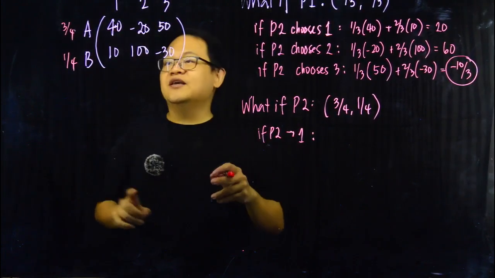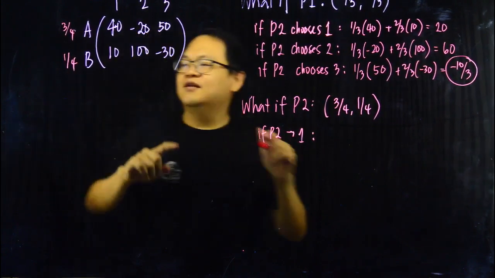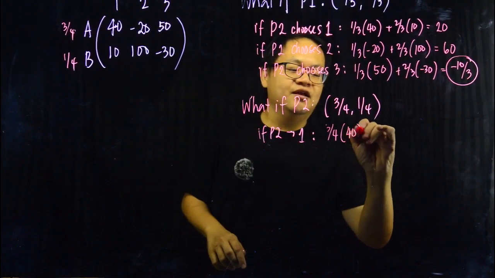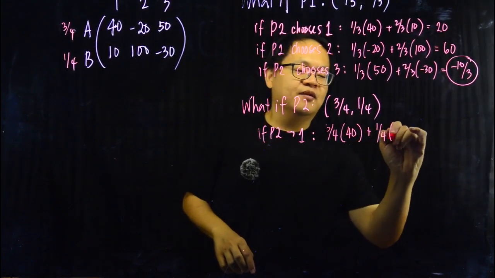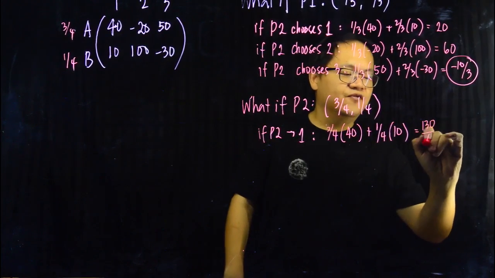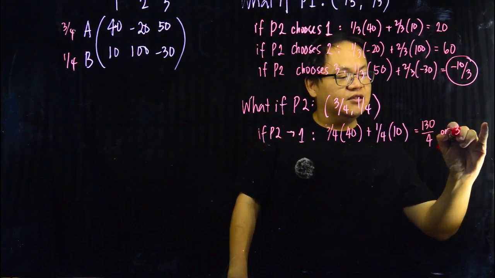So using expectation theory, that's 3/4 times 40 plus 1/4 times 10. And that is equal to 130 over 4, or 32.5.